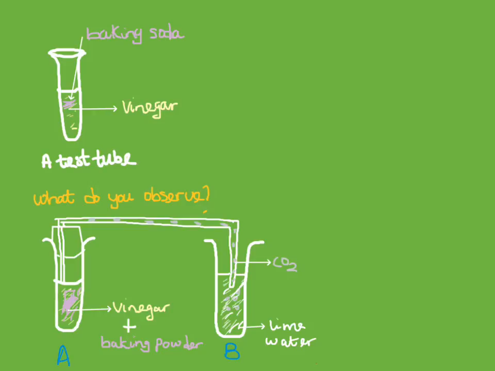This gas, that is carbon dioxide, reacts with the lime water to obtain calcium carbonate, which makes the lime water milky. This is a great change that brings us to the next definition, that is chemical change.